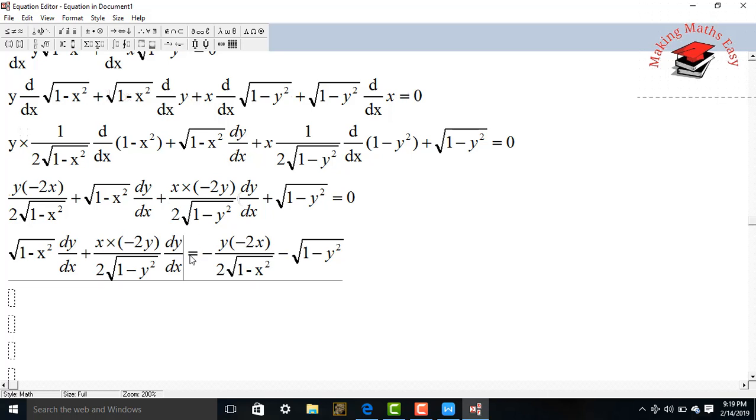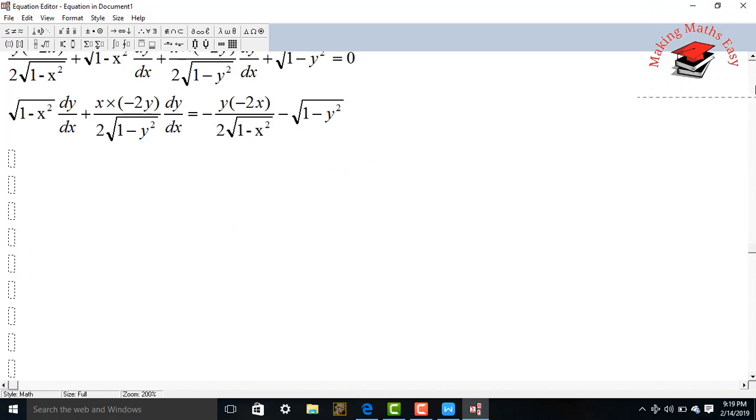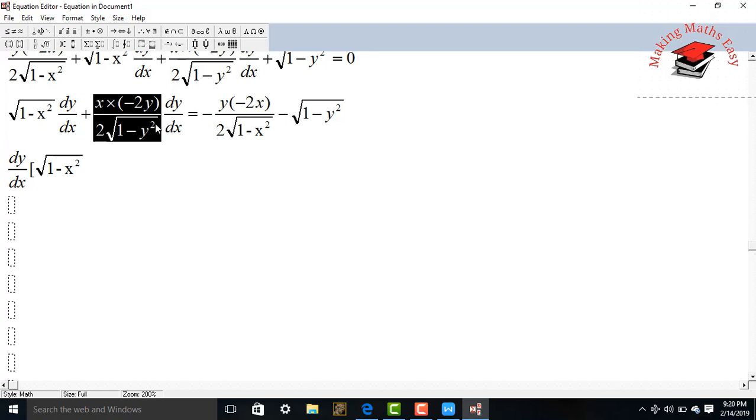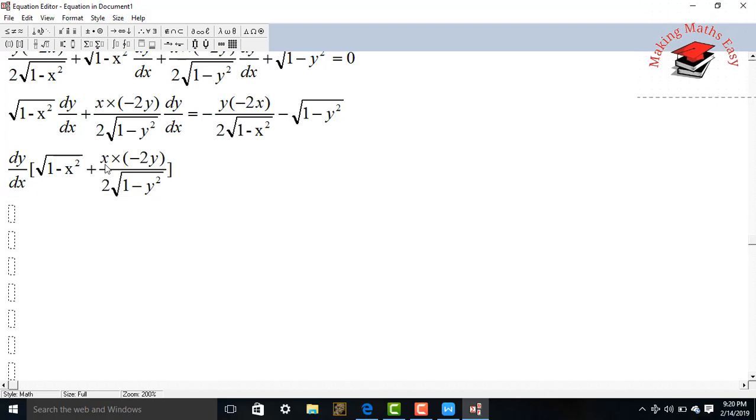Okay, so I have shifted them to the right hand side, and now I have to take dy by dx as a common. So take dy by dx as a common, put a bracket, and you will get square root of 1 minus x square into this function, plus this function, which is ultimately equal to, take the minus symbol as a common, put a bracket, and write over here this.